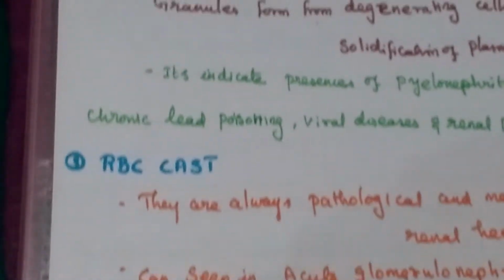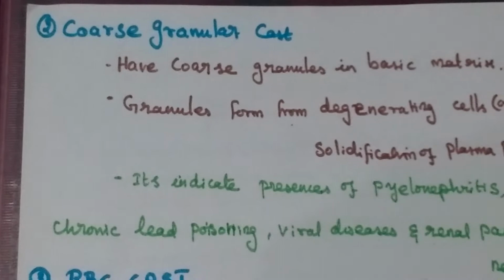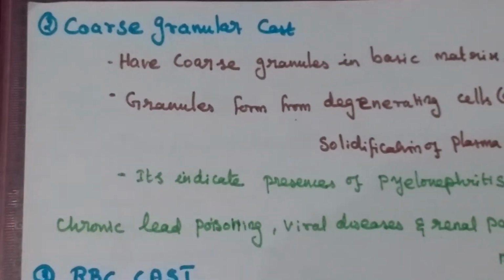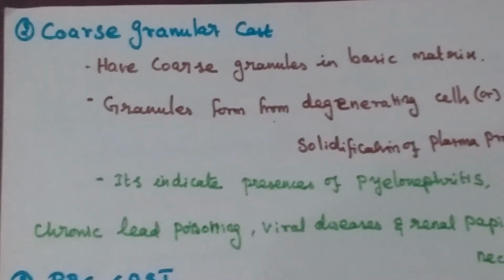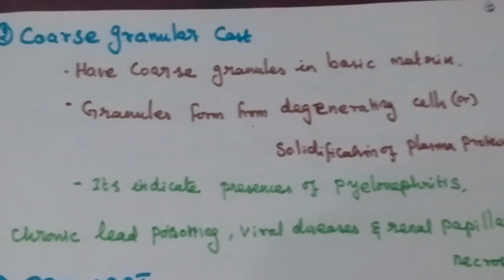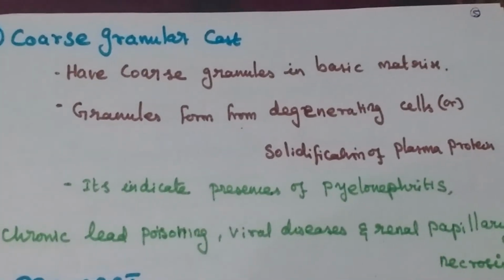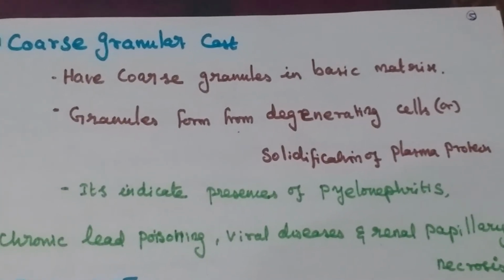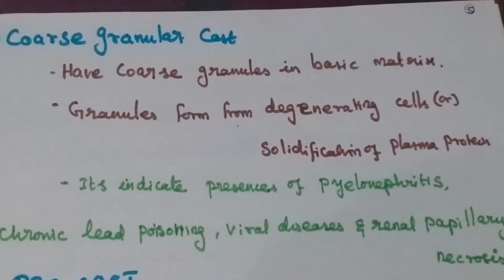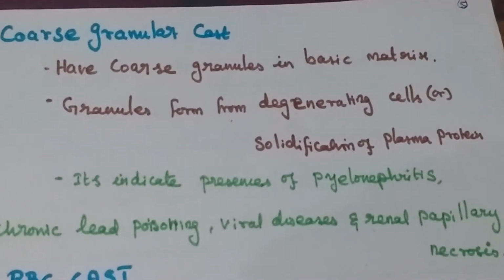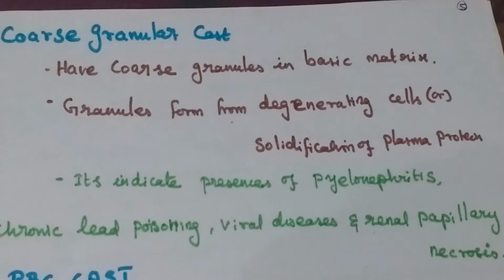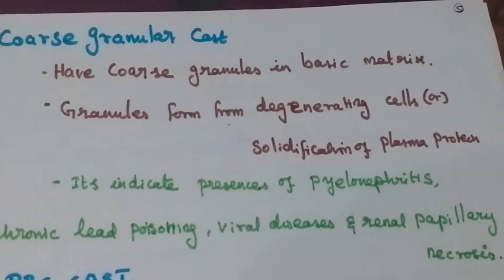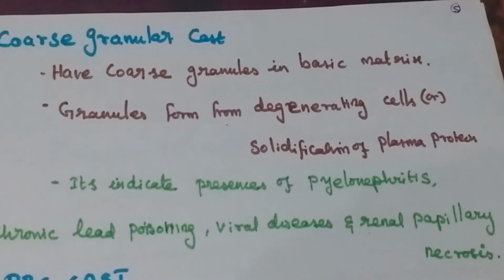Now let's discuss the granular cast. Granular casts have coarse granules in a basic matrix. Granules form from degenerating cells or solidification of plasma protein.